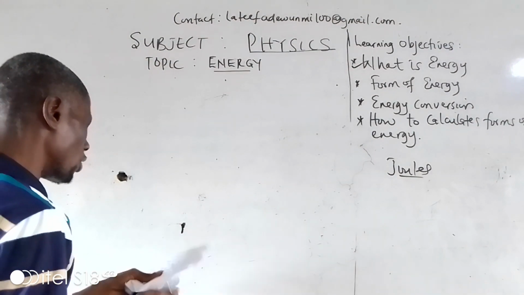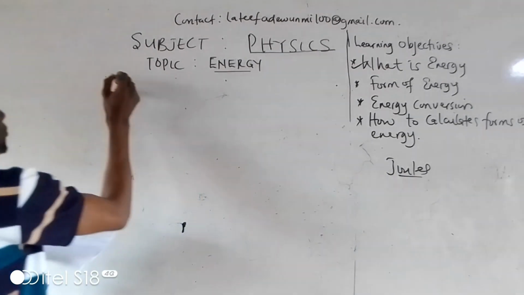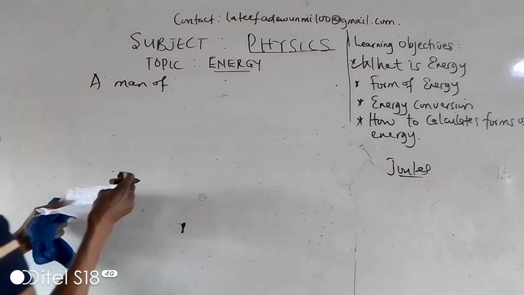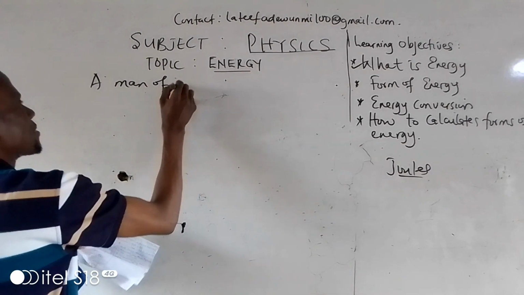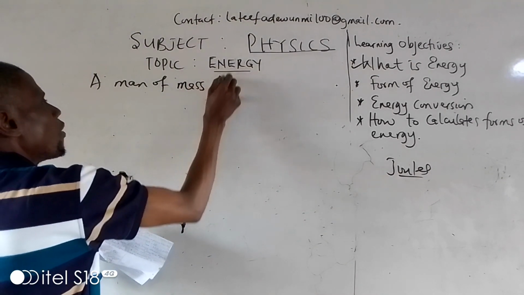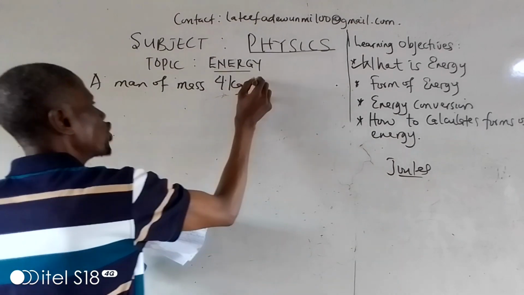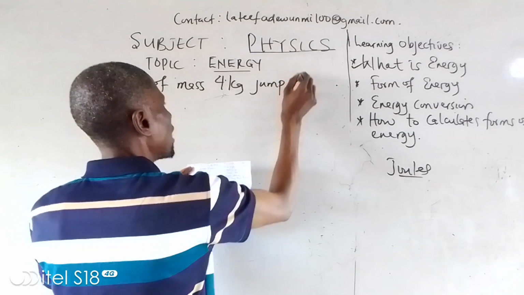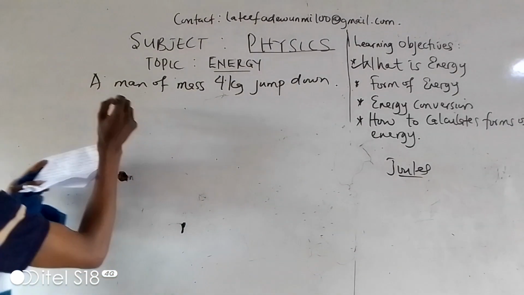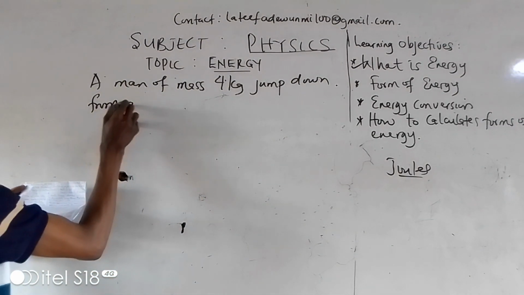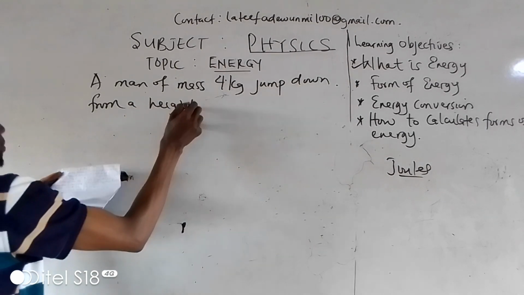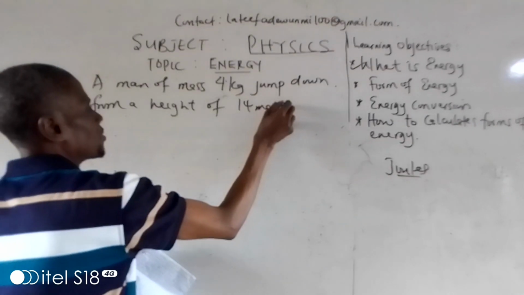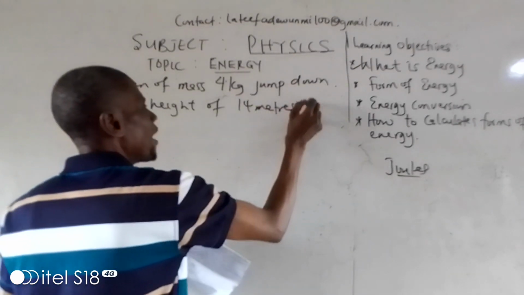We have a question on our hand that says, a man of mass 4 kilograms jumps down from a height of 14 meters.